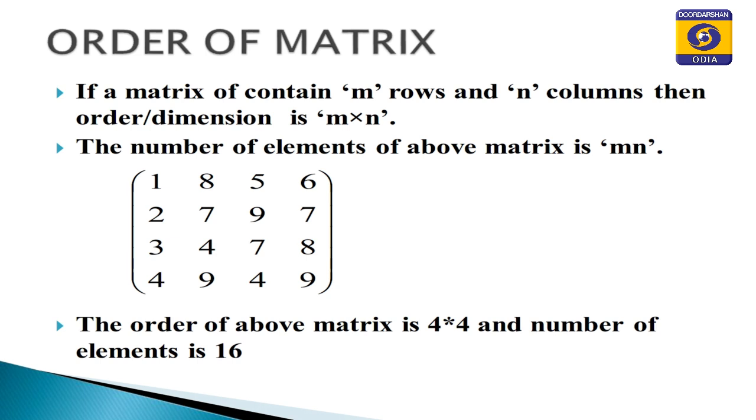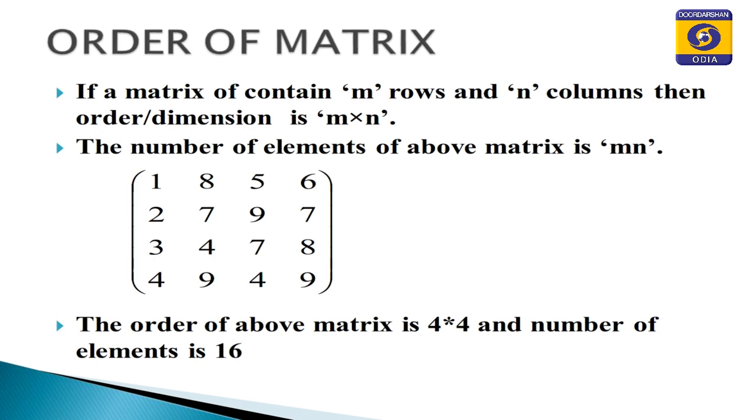Here we take an example. This is a matrix containing 4 rows and 4 columns. Row 1 contains 1, 8, 5, 6, row 2 contains 2, 7, 9, 7, row 3 contains 3, 4, 7, 8 and row 4 contains 4, 9, 4, 9. Similarly, column 1 contains 1, 2, 3, 4, column 2 contains 8, 7, 4, 9, column 3 contains 5, 9, 7, 4.